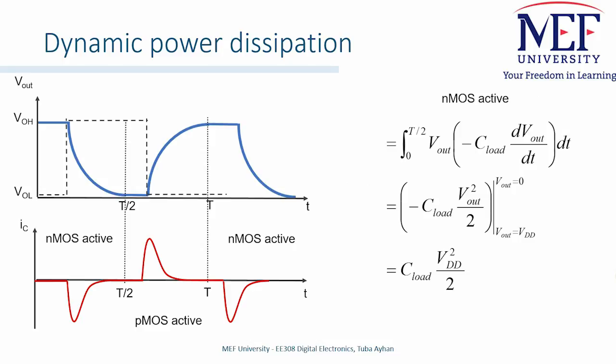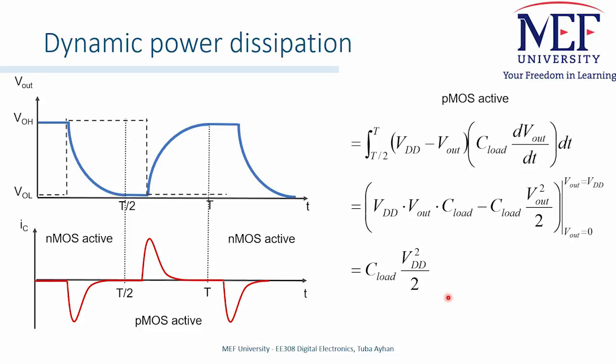When NMOS is active, Vout changes from VDD to 0. The power dissipated at this transition is C load times VDD squared divided by 2. When PMOS is active, Vout changes from 0 to VDD, and deriving the power from the ID expressions of PMOS, we calculate the power dissipated on PMOS again as C load times VDD squared divided by 2.